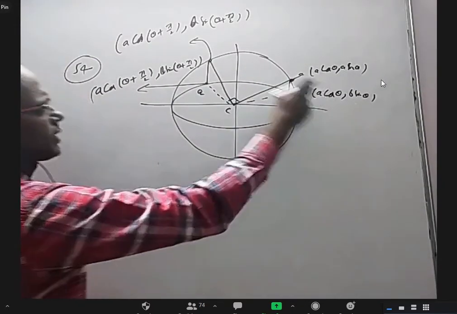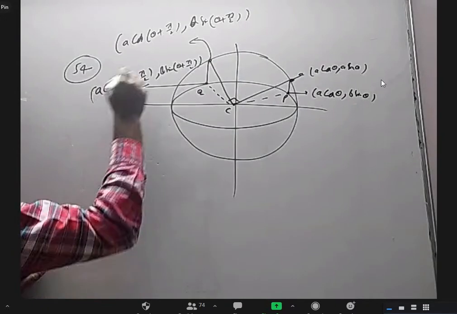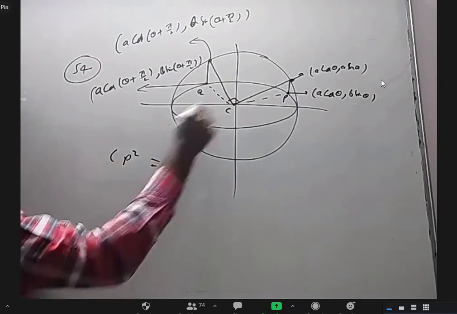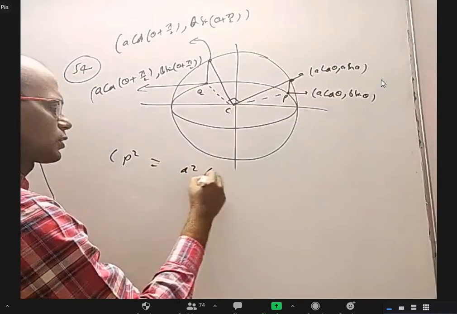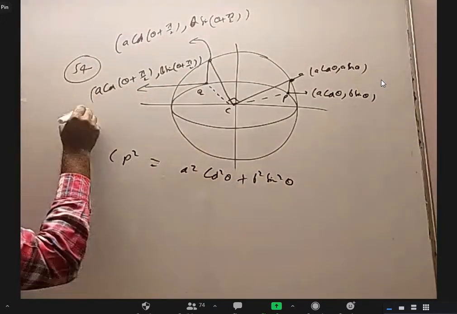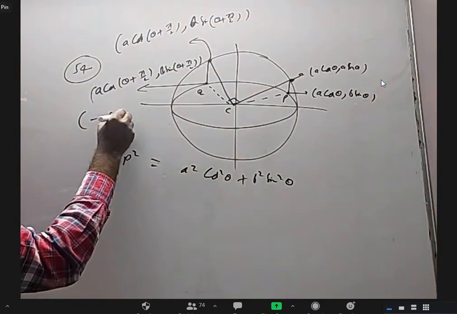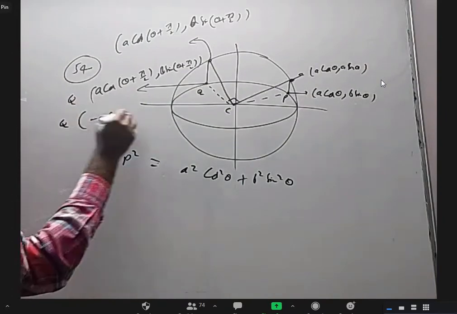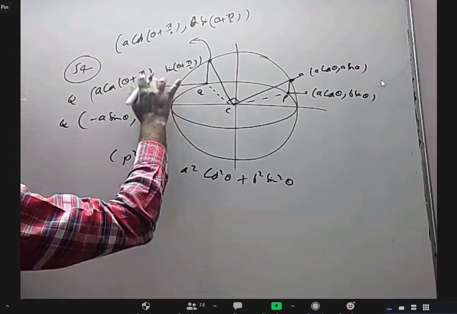But we don't need all that. Simply replace theta with theta plus pi by 2. That's all, we'll get the other point. What is CP square? Normal distance formula. You will get a square cos square theta plus b square sin square theta. For Q, if I simplify, it is minus a sin theta comma plus b cos theta.